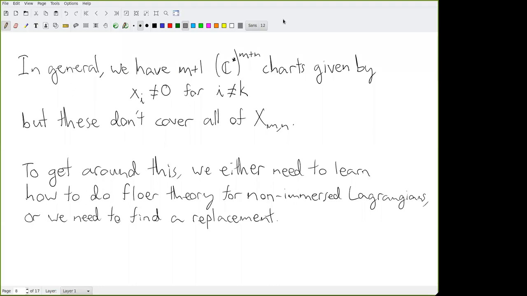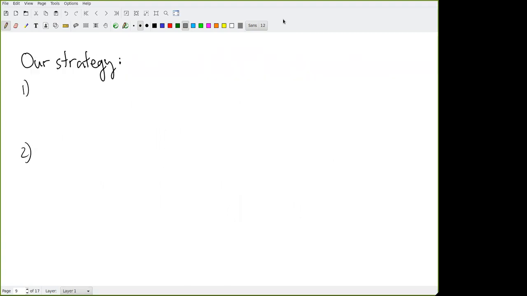All right. So I guess I'll talk at this point about our strategy for dealing with these singular fibers. So step one is going to be to produce an immersed Lagrangian, right? That's what we know how to do Floer theory with.